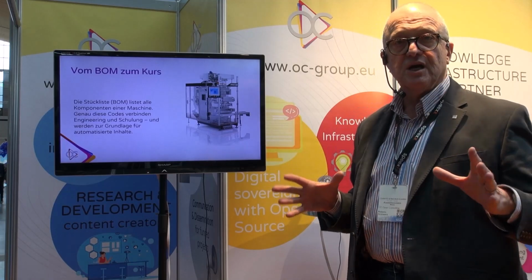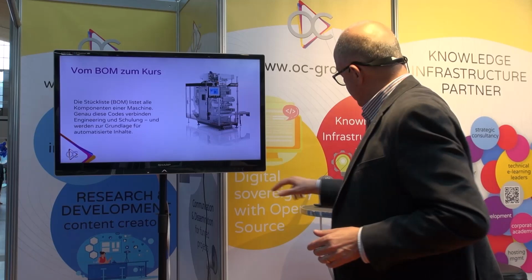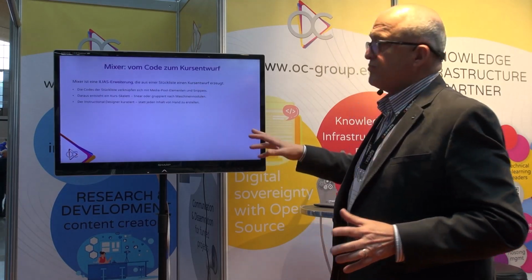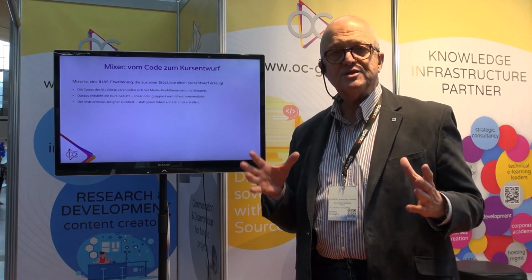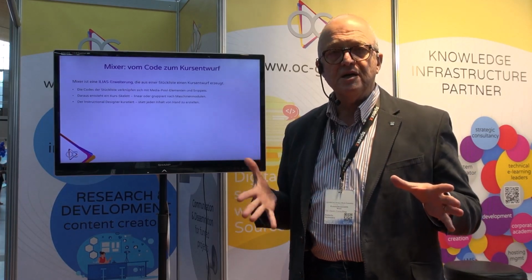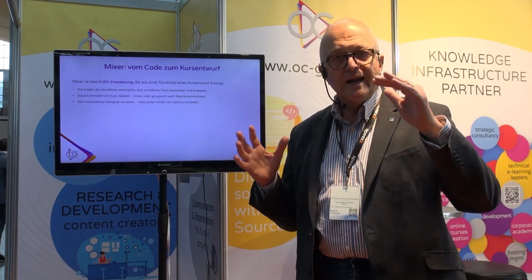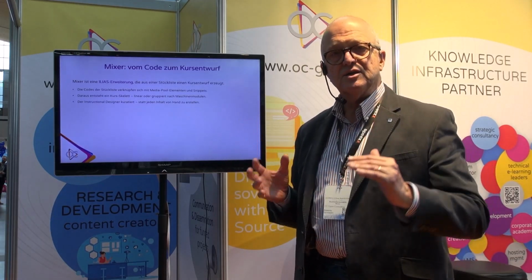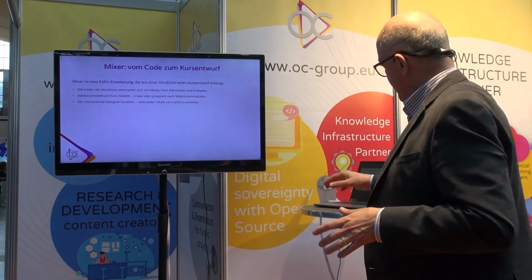And this is a very special and unique feature. You have all the components of the machine, and you have a special customization called the mixer. This mixer can take the list of the bill of materials of the machine and create a draft of the training.